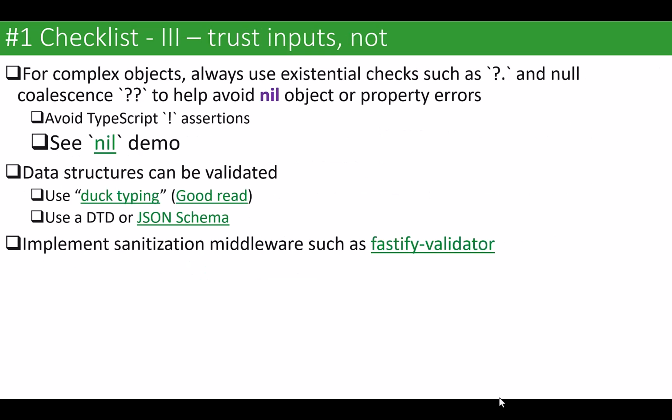I can't believe how many times I've had to teach new team members that are incoming about question mark period, which is return a null if the thing that follows doesn't exist on the object. If the thing to the right of the period is not on the object, what you get back as a value is null.